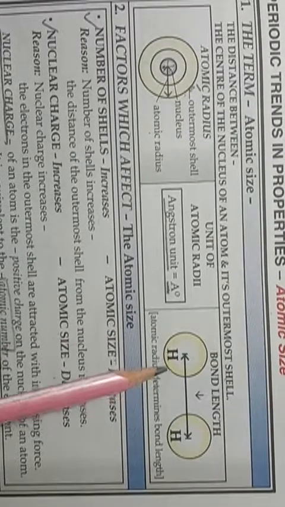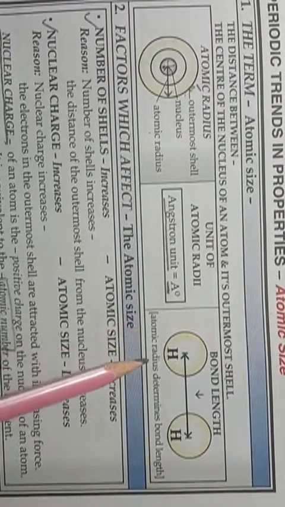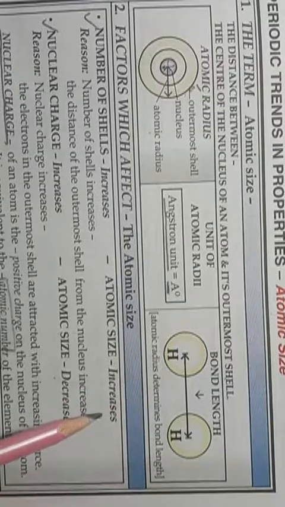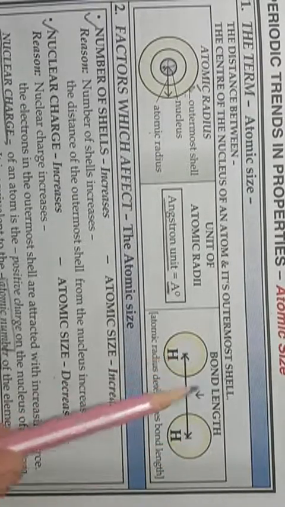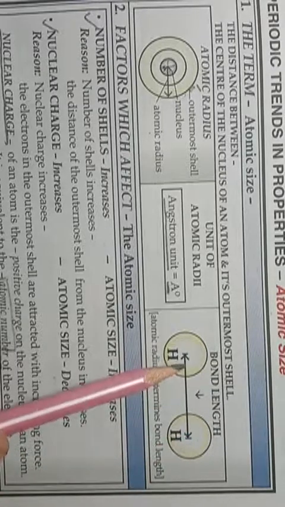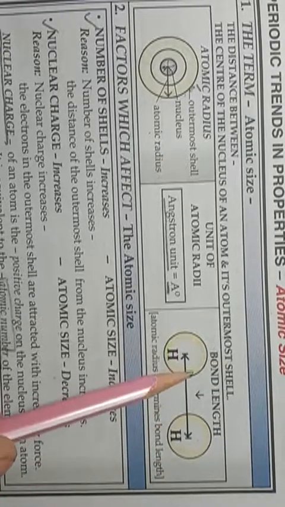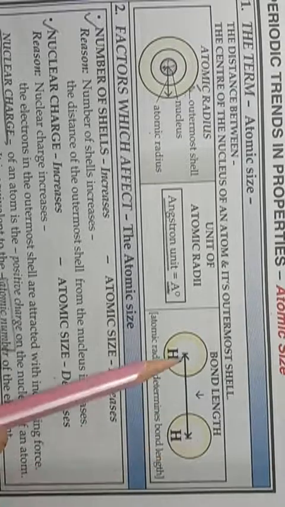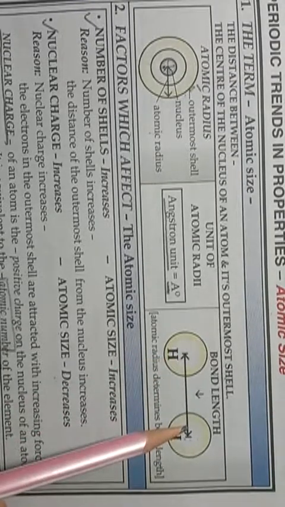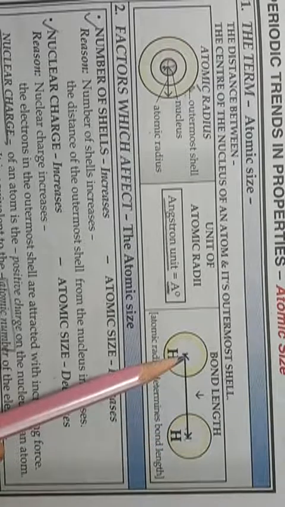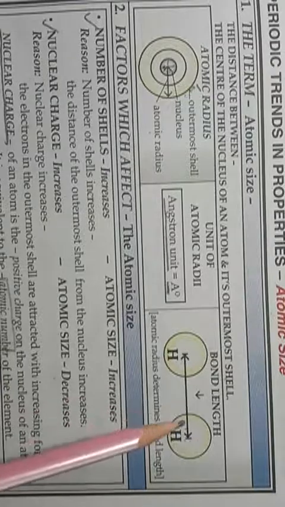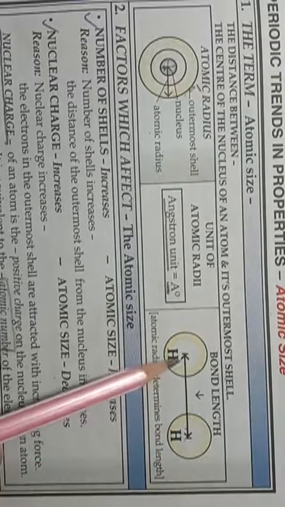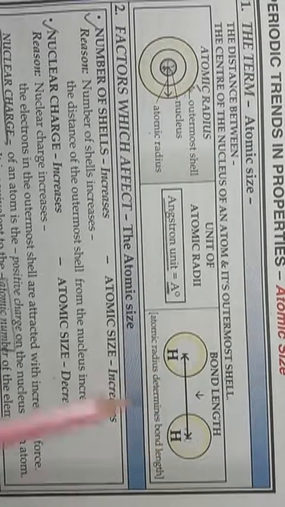So as you can see here, atomic radius determines bond length. Okay children, so if any two atoms which are bonded together have a lesser atomic radius, then their bond length will also be less, and if the related atoms are having higher value of atomic radius, then their bond length will also be high.